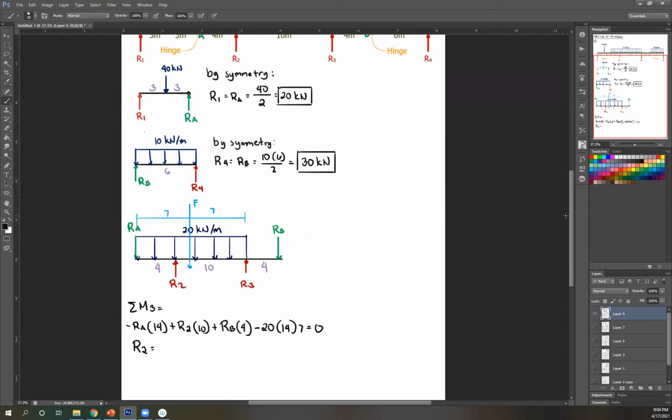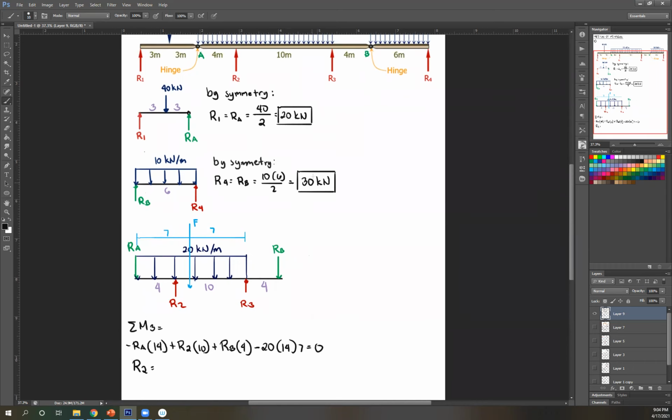Because RA, we know that to be 20, R2, 30, RB, also 30. So we can solve for R2. Sorry, RB is 30. We can solve for R2, which is 212 kilonewton. And now that we know R2, we can use summation of forces vertical equals 0. RA downward, so negative RA, positive R2.